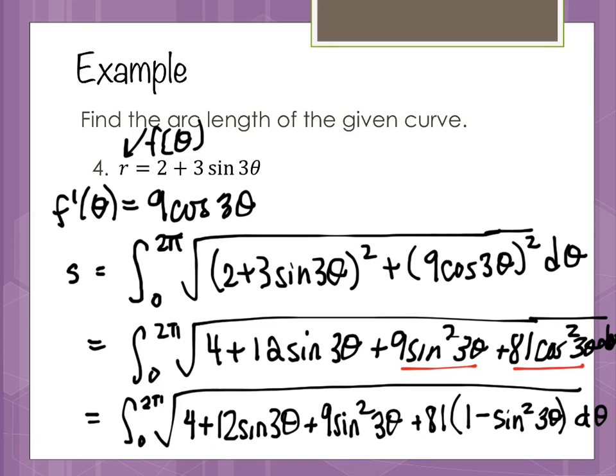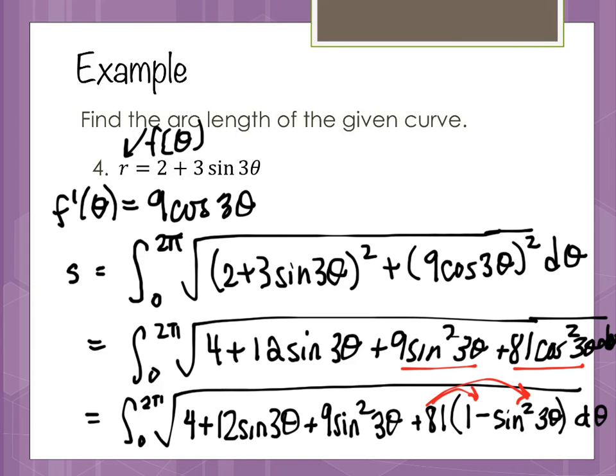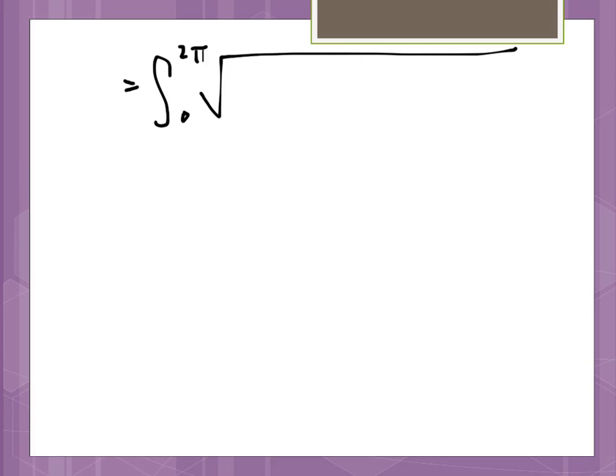We'll distribute the 81, which will then combine with the constant at the very beginning. And when I distribute the 81 to the sine squared, I'm going to get negative 81 of those plus the 9 that I had originally. So taking a look at what I've got, I have 4 at the beginning plus 81 more, which is 85.